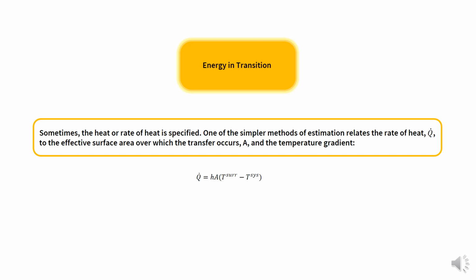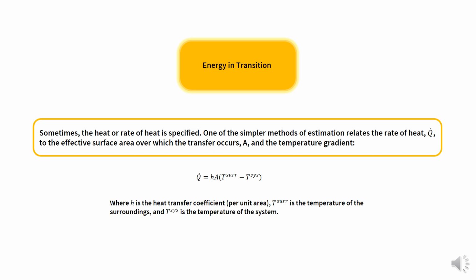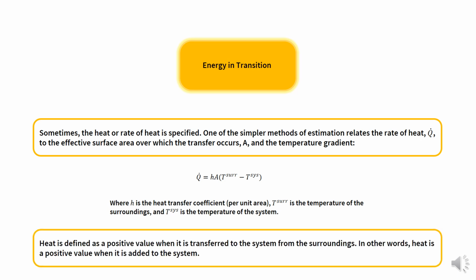It can be calculated as Q dot equals h multiplied by A multiplied by the temperature of the surroundings minus the temperature of the system, where h is the heat transfer coefficient per unit area, T sur is the temperature of the surroundings, and T sys is the temperature of the system. Heat is defined as a positive value when it is transferred to the system from the surroundings. In other words, heat is positive when it is added to the system.